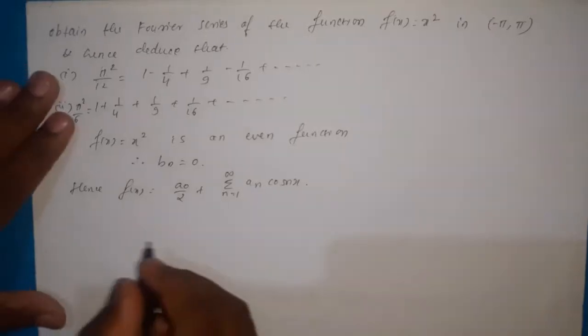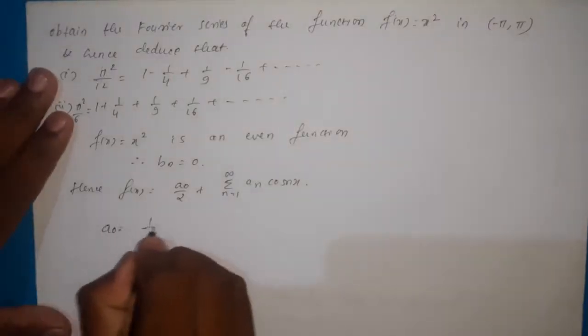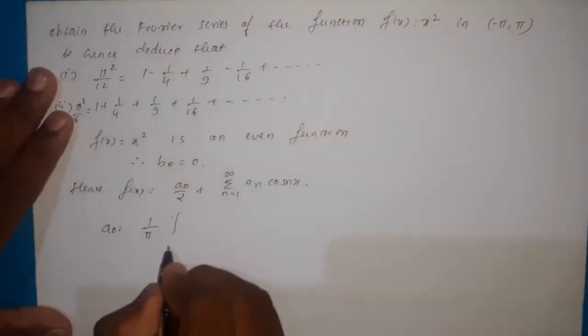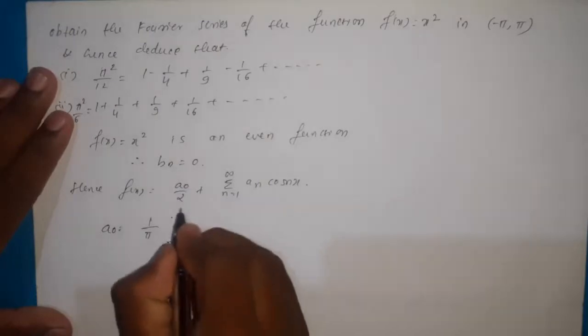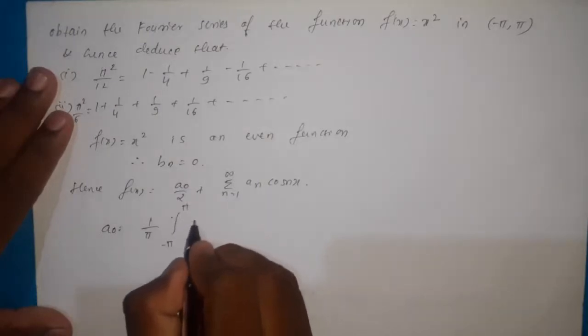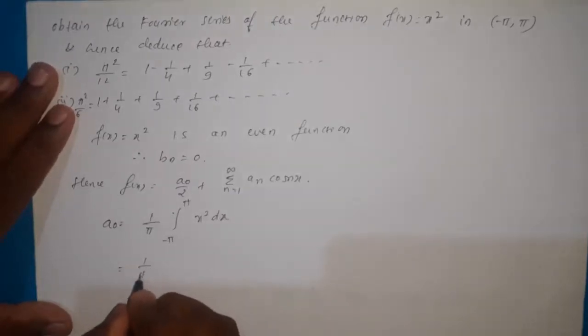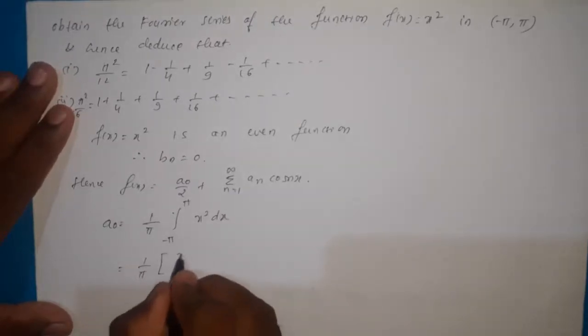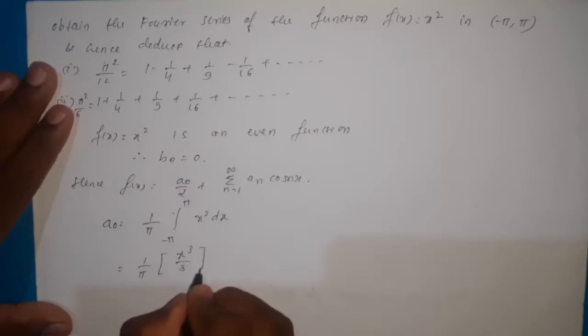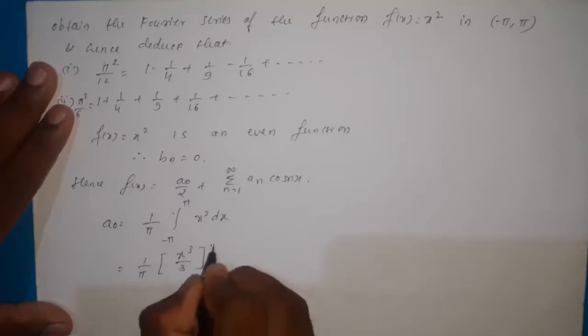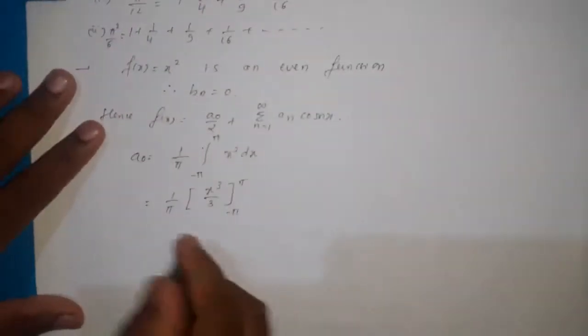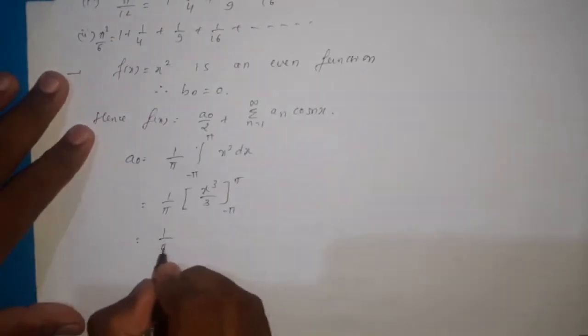So now a0 is equal to 1 by pi integration over minus pi to plus pi f of x dx. So 1 by pi, here integration is x cube by 3 minus pi to plus pi, then it is equal to 1 by pi.